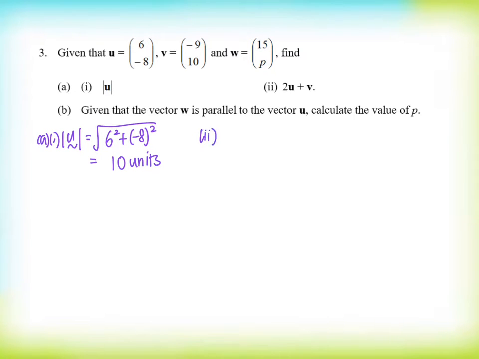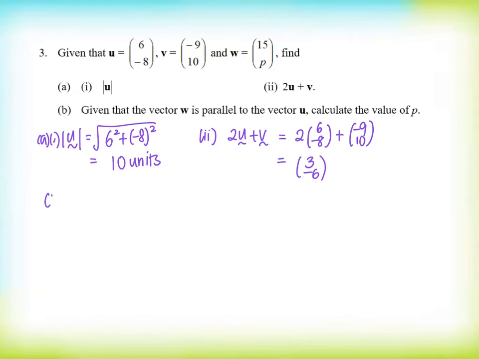So we know how to find the magnitude of a vector, and we also know that if I were to give a different variation of the vectors, I can perform scalar multiples of our vectors and do the addition that is required. So we'll get the following answer.